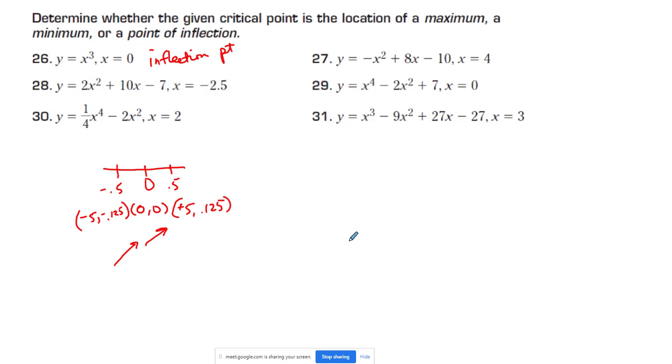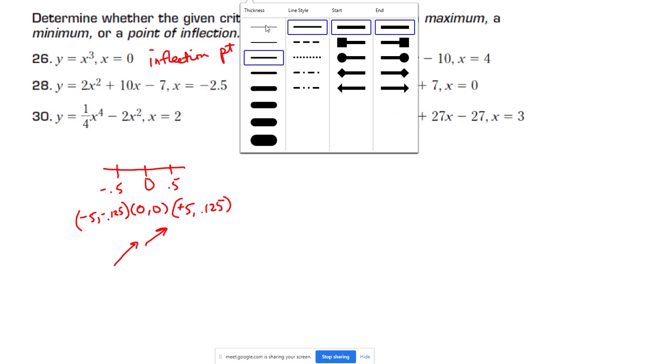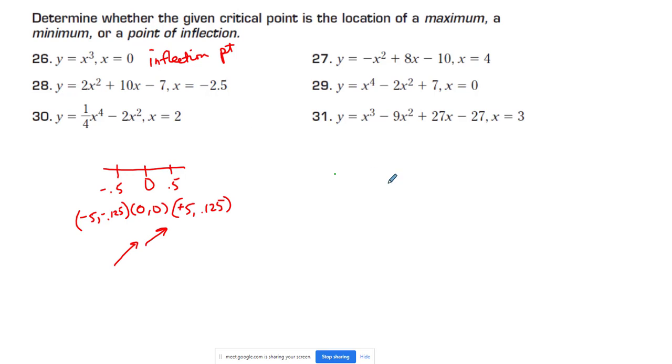Let's look at 27. So for 27, let me switch colors here. We can see that this is an upside down parabola. But let's see what's going on at x equal to 4. So I'm going to do this number line idea again at 4.